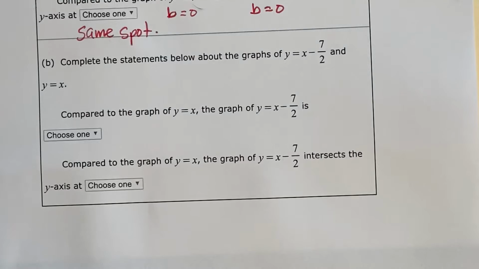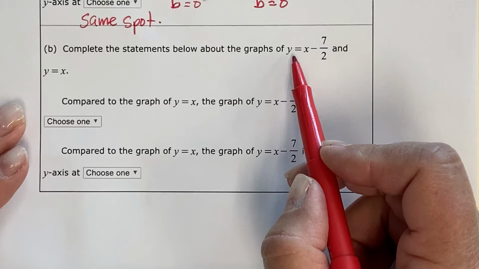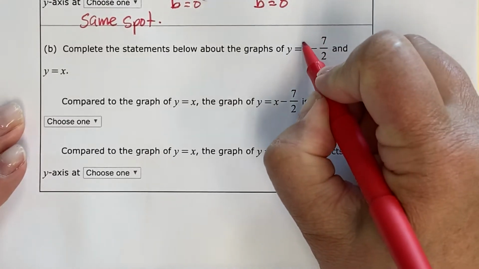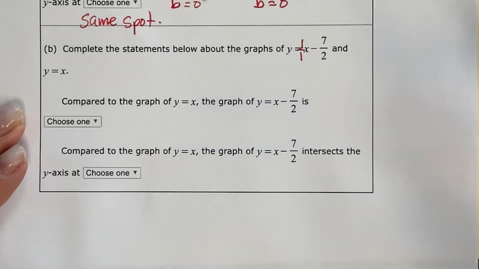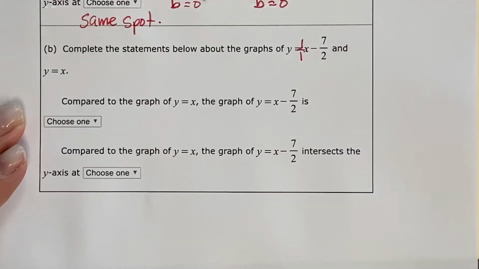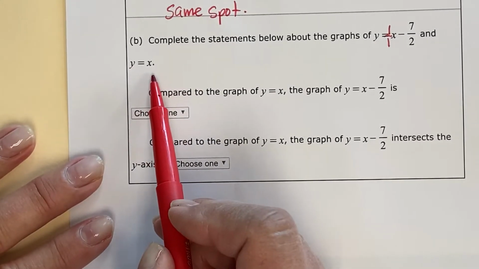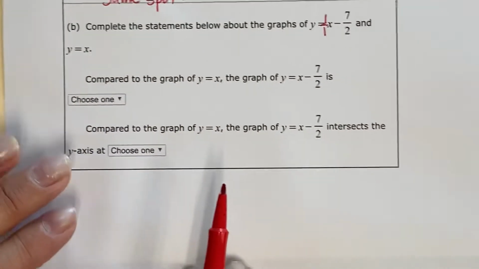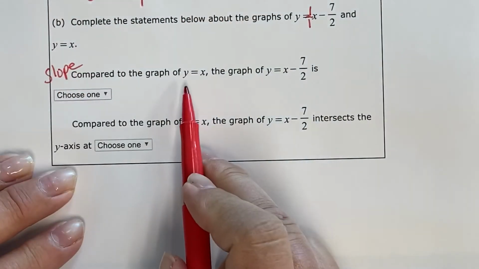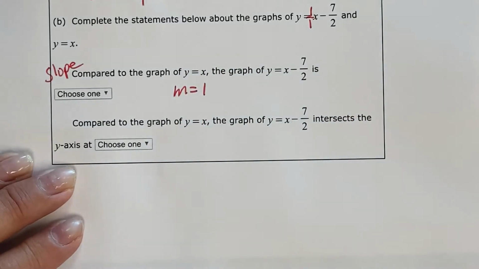Okay, here's another one. Comparing two linear equations. y equals x minus 7 over 2. They haven't written the slope because it's up 1 over 1, but they do have the intercept as down 7 over 2. This one that we're comparing it to is just y equals x. So now they want us to compare the two for slope. The first one, y equals x, has a slope of 1, even though they haven't written it.